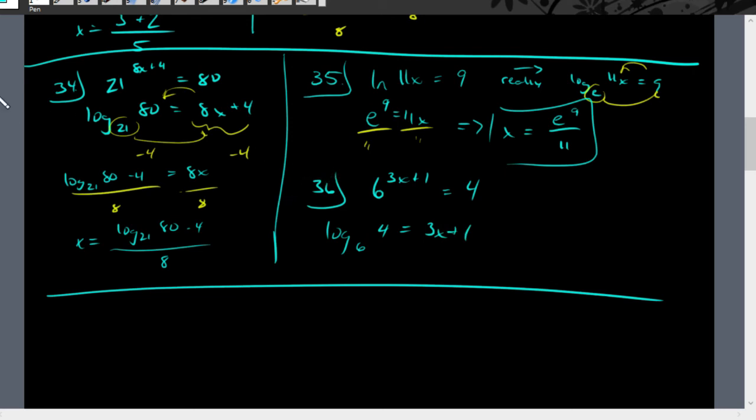So you're going to subtract 1 and divide by 3. So this is the subtracting 1 bit. So there's my minus 1. I subtracted 1, and now I'm going to divide by 3. There you have it.